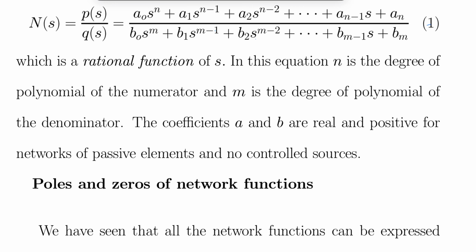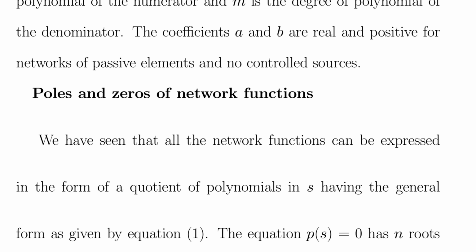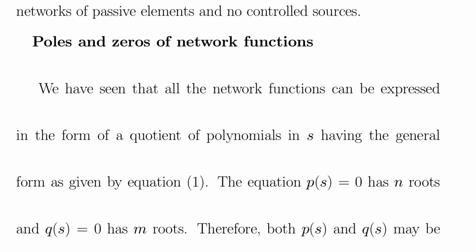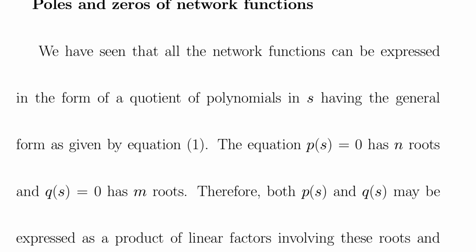Now let us see what are the poles and zeros of network functions. So we have seen that all the network functions can be expressed in the form of a quotient of polynomials in S, having the general form as given by equation 1. The equation Ps equal to 0 has n roots and Qs equal to 0 has m roots.